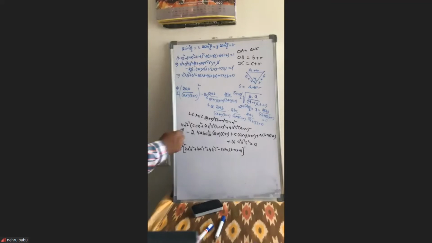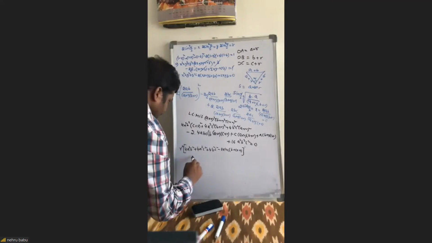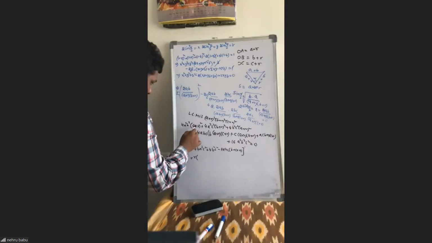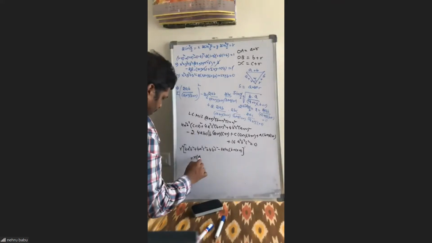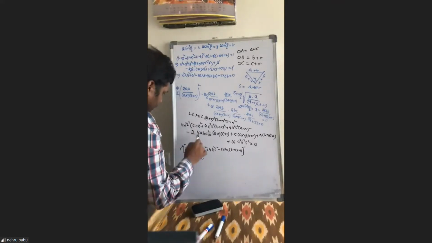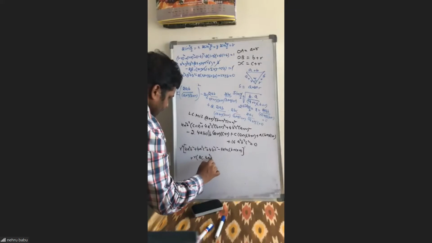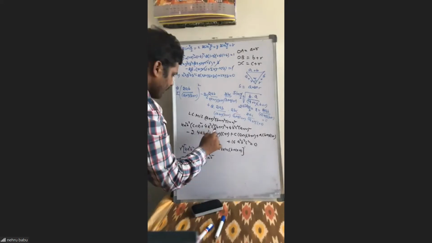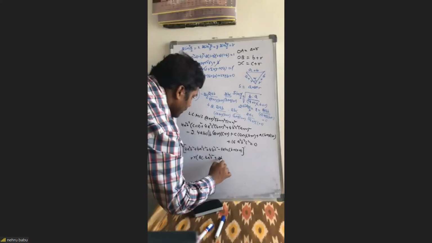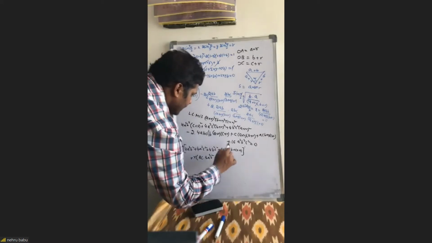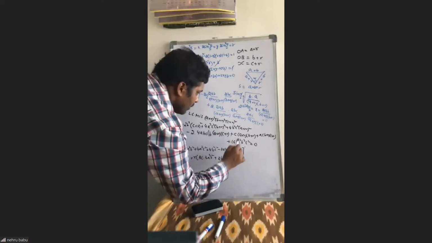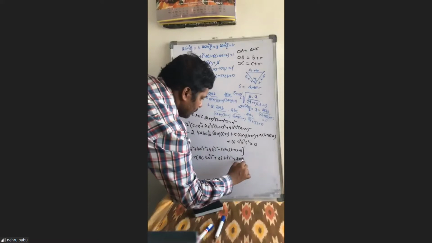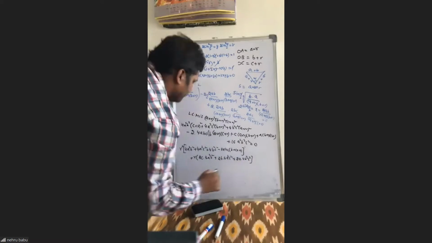Next, the r coefficient, if you observe. In this first term, here 2rc, so 2c into 4a square b square, plus 2b into 4a square c square, plus 2a into 4b square c square.